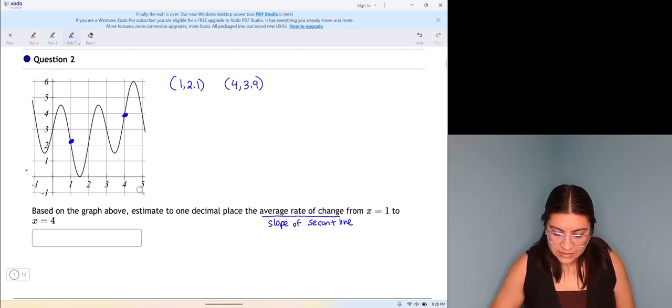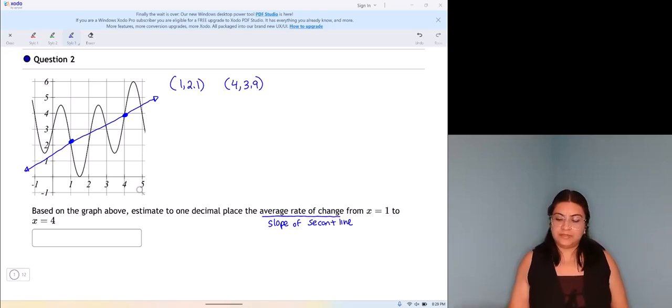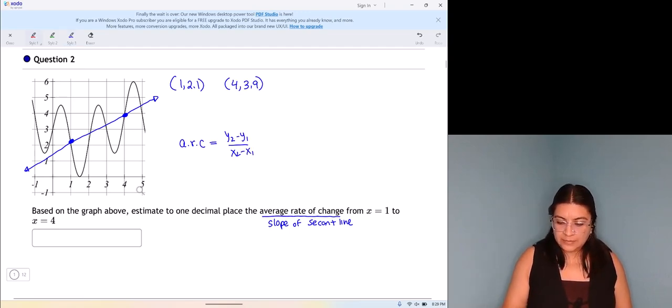That creates this secant line, and we want to find the slope of that secant line. This goes back to algebra. The slope of the secant line, in this case the average rate of change, is equal to y2 minus y1 over x2 minus x1. So label the points: x1, y1, x2, y2.